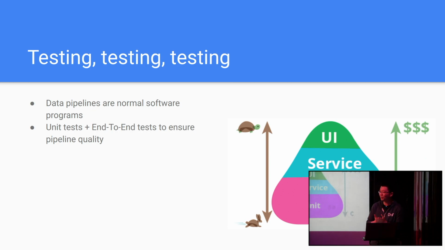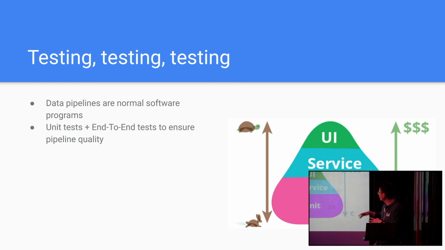Normal software program, you want to write tests on that. So it's your choice. You could get people who are really skilled in software engineering, or you can get people in more data, and then they can work together and upskill each other in each way. That's just my suggestion. But in the end, it's a software program. You need to test that.